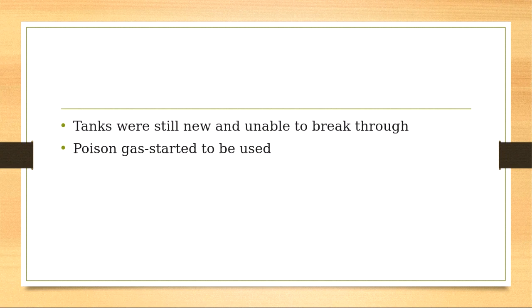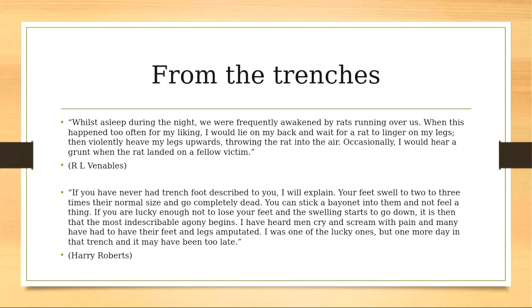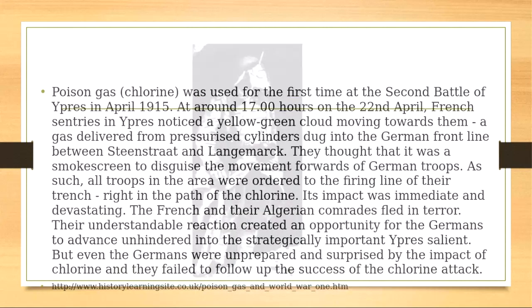And with that came trench foot, the disease of the trenches, from water, mud, dirt, all the trash from other soldiers, the food, rats. You had all of these issues in the trenches. Because of the stalemate, scientists come out with poison gas and the beginning of chemical weapons to try to get an edge.